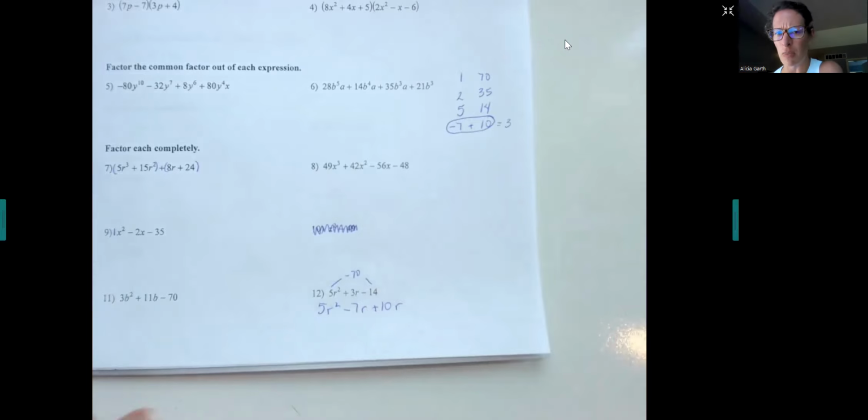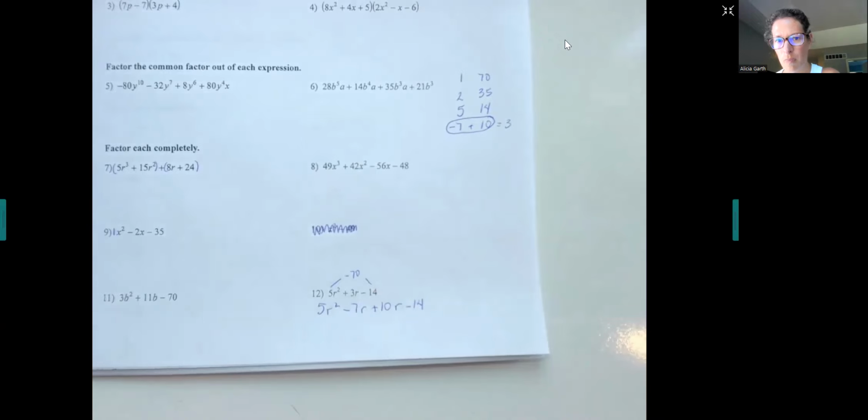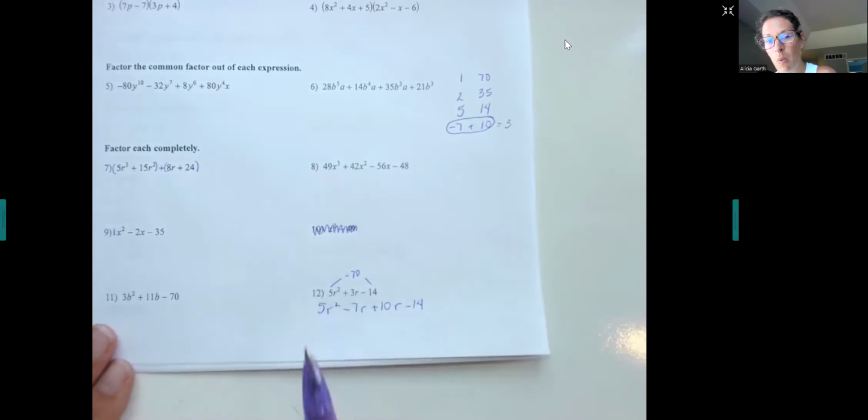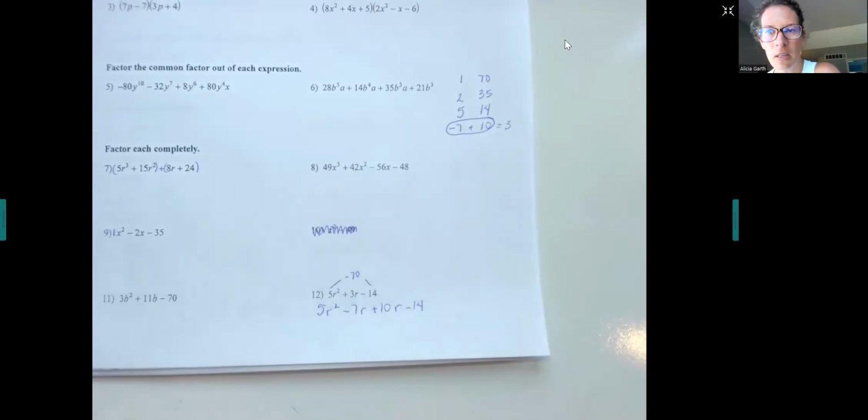We've just broken it into something that we can use. So here, what I've done is multiply my two outside numbers, and figure out what two numbers multiply to negative 70 and add to a positive 3. So my two outside numbers multiply, and it's what adds to the middle number. We saw that was a negative 7 and a positive 10. So we broke 3 up into negative 7 and positive 10.